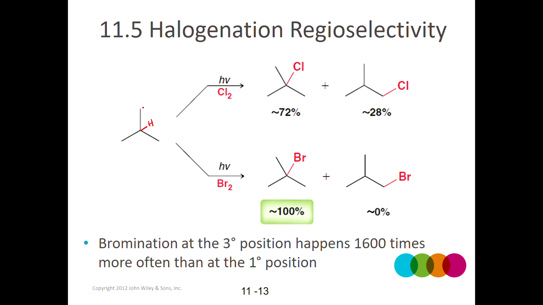Even though there are 9 times as many chances for it to bump into one of these hydrogens on the outside, it still gives me most of the reaction at the tertiary site because the pathway is a lower energy pathway. But I still get significant quantities of both. And if I have both, and I only want one, then I have to remove the other by chromatography or some other technique to selectively purify this substance.